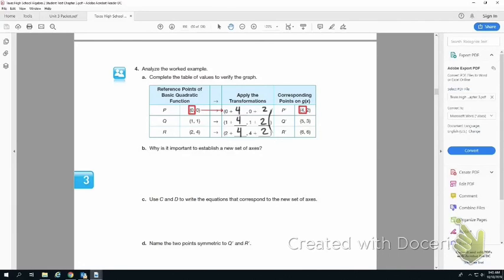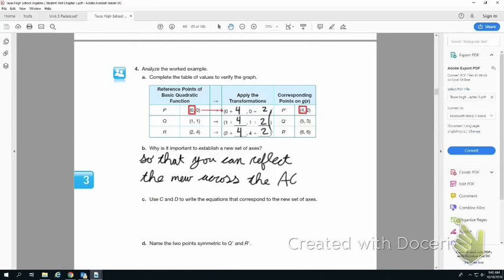Alright, so whenever it says why is it important to establish that new axis of symmetry, so that you can reflect the new points across the axis of symmetry.